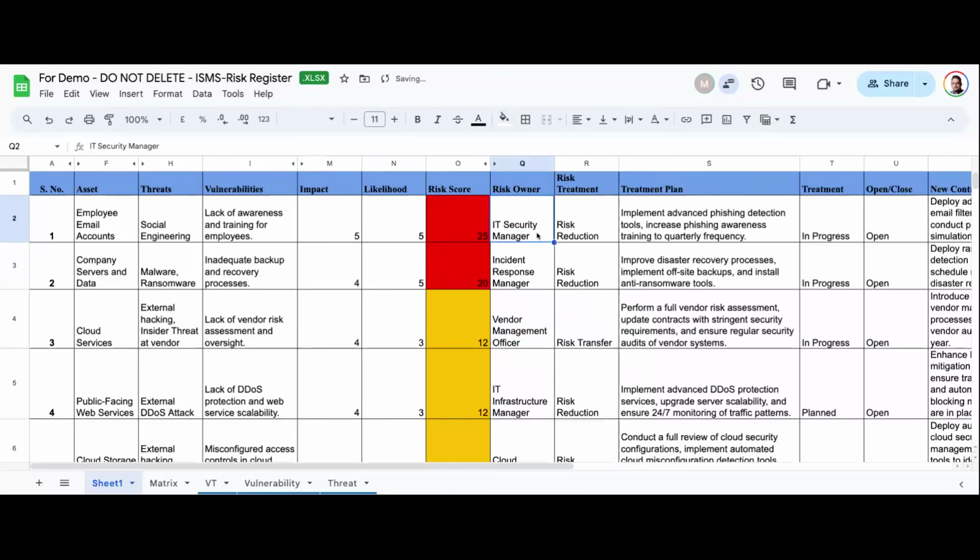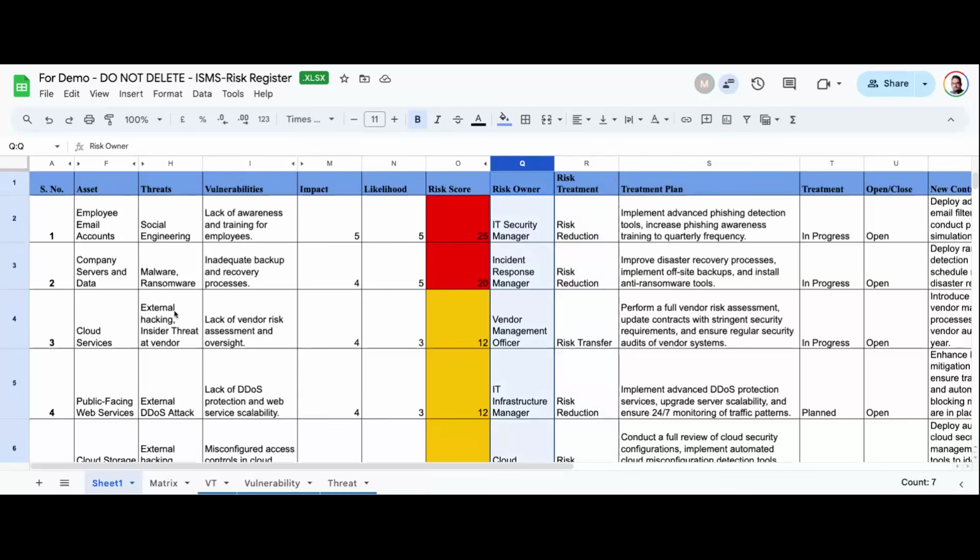Now the risk owner is the IT security manager, because he is responsible for making sure that the data is safe, and employee email accounts are also part of the data. Now the risk treatment is we choose risk reduction. We'll come to the risk statement side of things also, but firstly, I want you to understand till here. We'll go one by one, otherwise it will make everything messy.